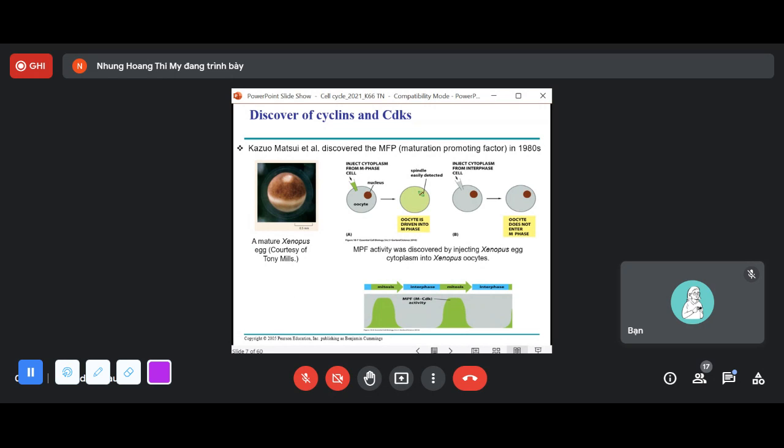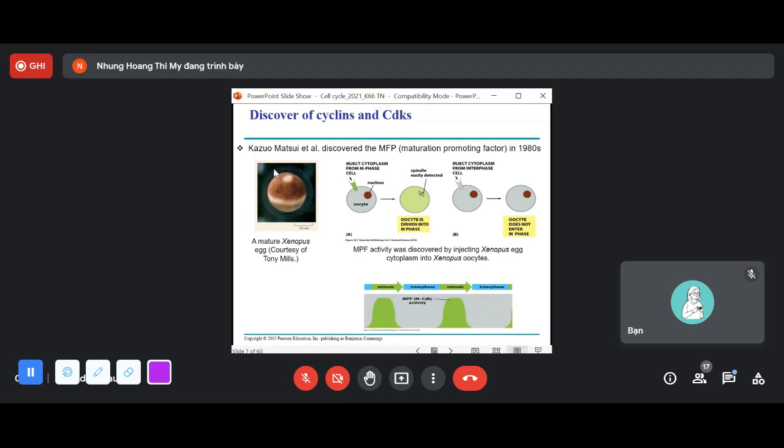The fertilized eggs of Xenopus are suitable for the biochemical studies of the cell cycle because they are exceptionally large and divide rapidly.